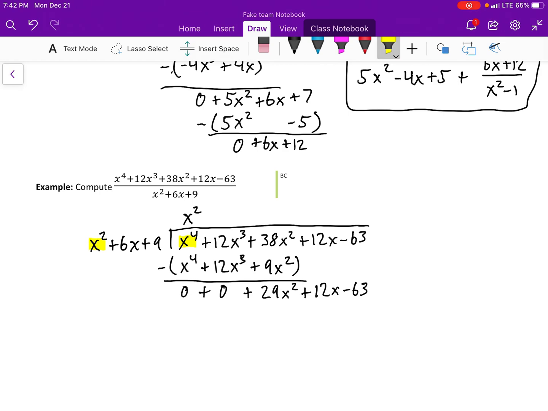Okay, again, our goal is how do I use x squared, or what can I multiply by x squared to get rid of 29x squared? Well, we're going to have to multiply by 29.